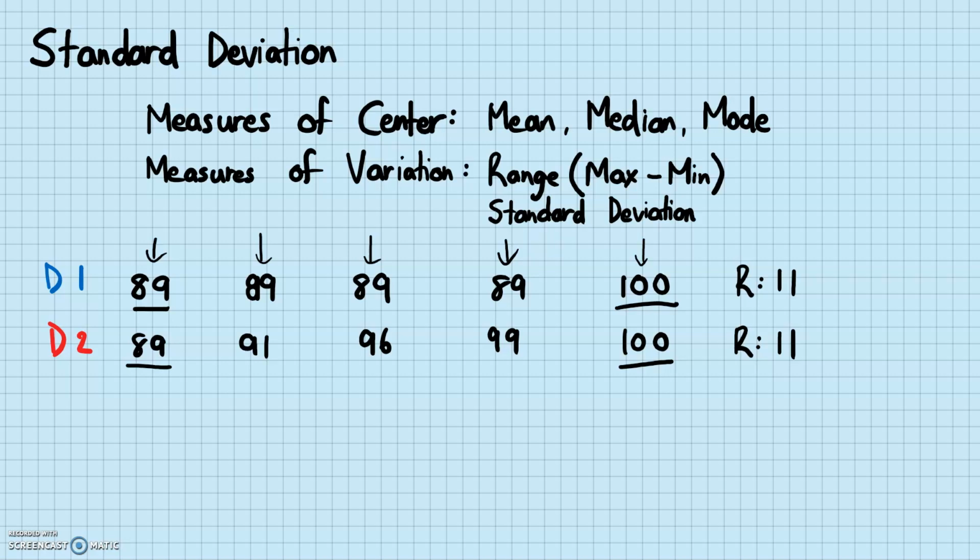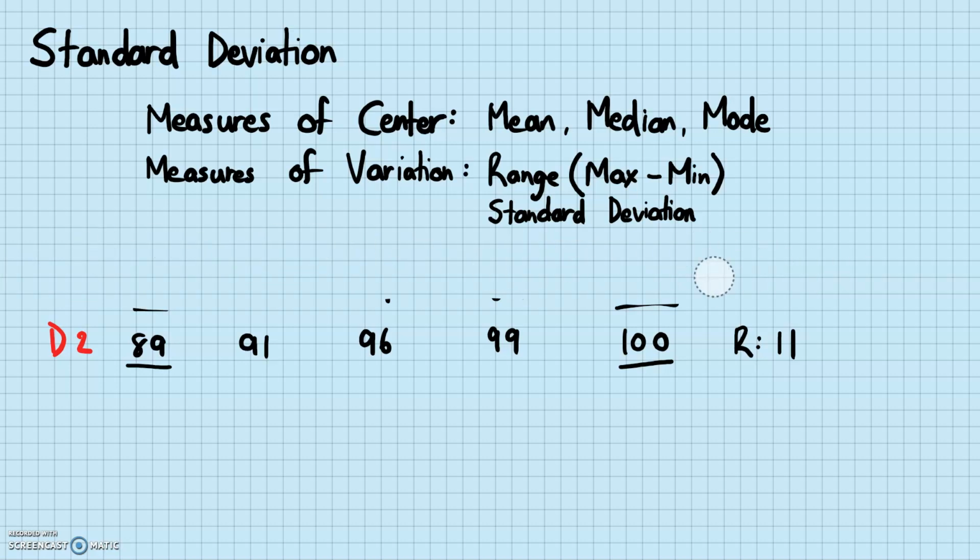Let's focus on the second data set here, since the first data set is not really interesting. It's just 89s and then 100. So let's say that this is a test score for a student throughout the year, and we want to know how well spread this data is.